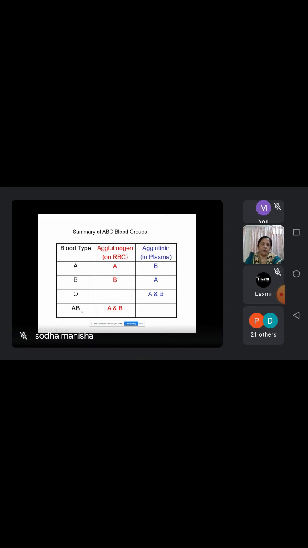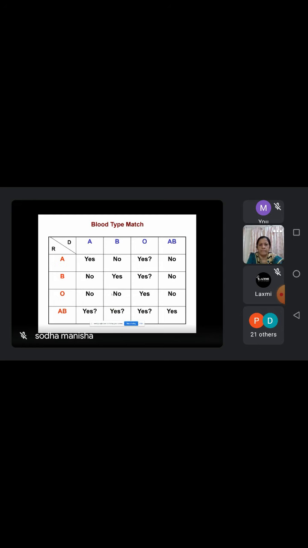In blood group AB, both types of agglutinogen A and B are present, but in the plasma, agglutinins are absent. Now, keeping in mind the presence of agglutinogen and agglutinin, we have to select the donor and recipient for the blood transfusion.